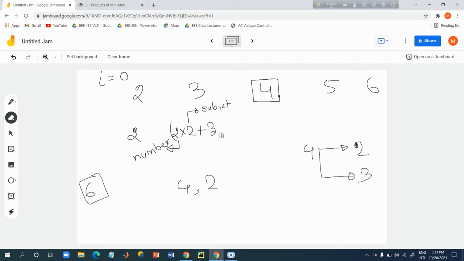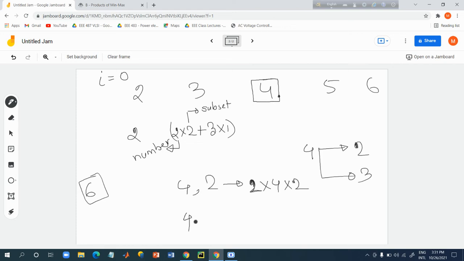Here, these three represent the number, and 3 we can write as 3 into 1, right? So for this 4, if 4 being the maximum and 2 being the minimum, then the possible subsets are 2, because either 3 can be included or can be excluded. So there are two possible subsets, and for each of the possible subsets the maximum will be 4 and the minimum will be 2, right?